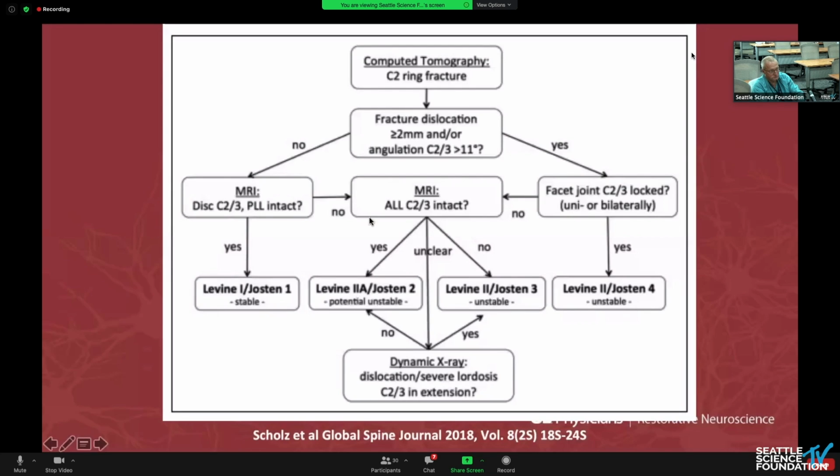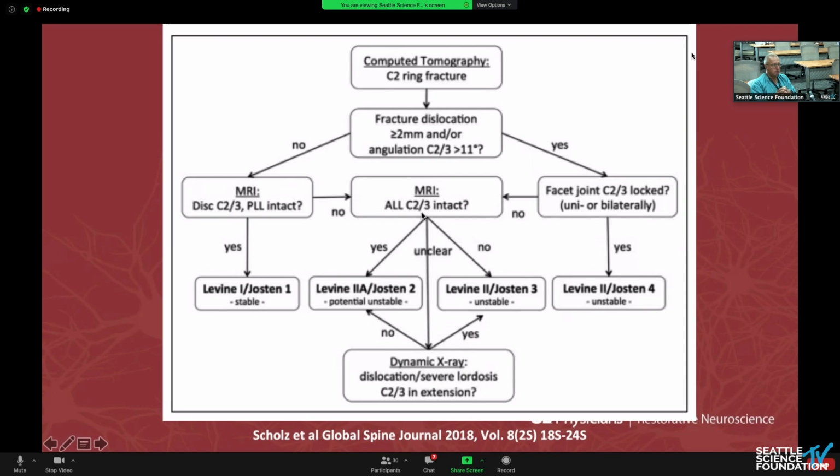This algorithm is proposed by the spine section of the German Orthopedic Society, published in Global Spine Journal in 2018. And it shows how you can use the CT and the MRI to classify the fractures. So with a dislocation that is less than 3 millimeters, it puts you on the left side. If the MRI is intact, then it's Levine 1, Justin 1.